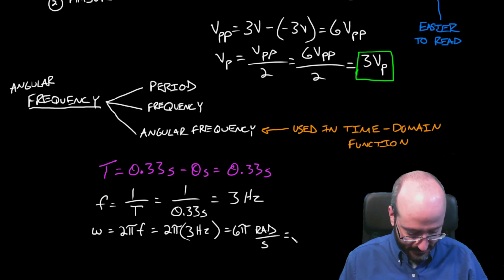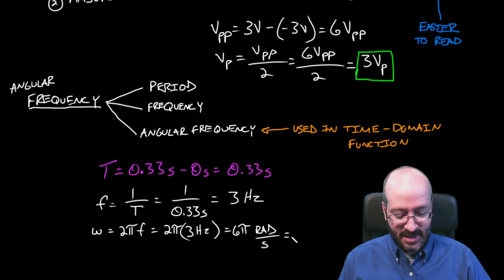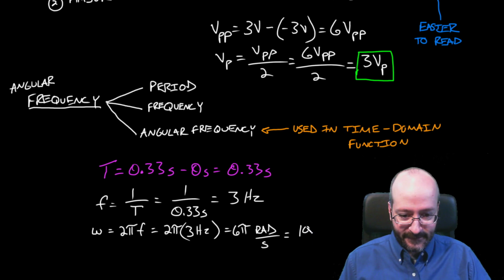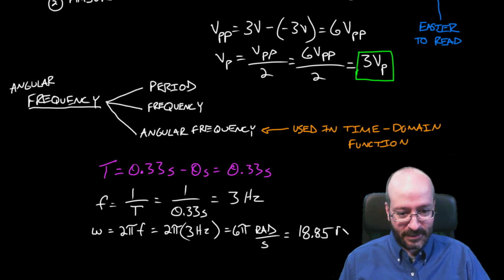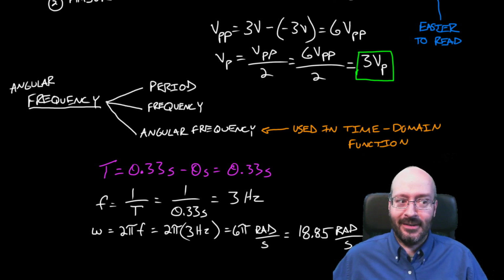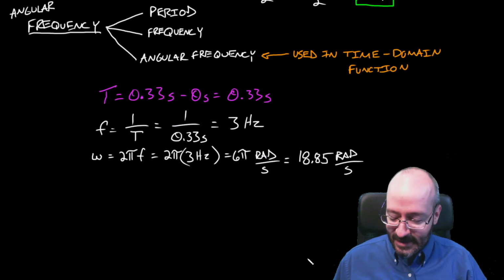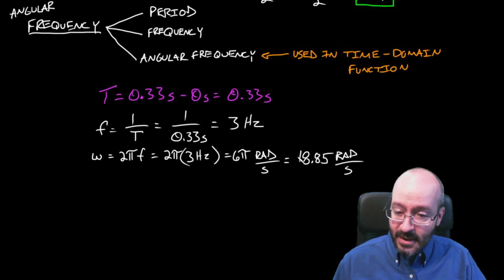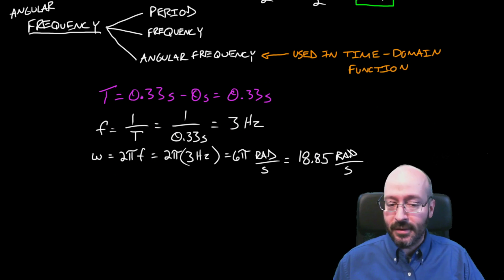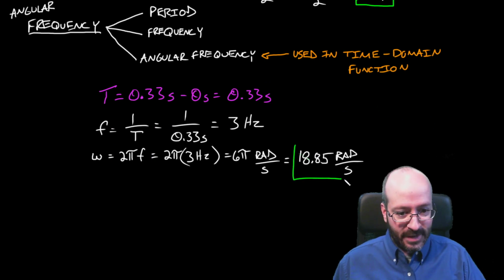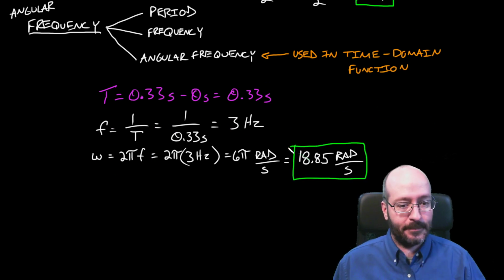What does that work out to? 18.85. With a Scotia rounding, of course. Just for good measure, or bad measure, whichever one rounding gets you. Okay, so there we go. We got our frequency. That's our second piece of information that we need. What are we going with on this one? Green? To write out our time domain expression.